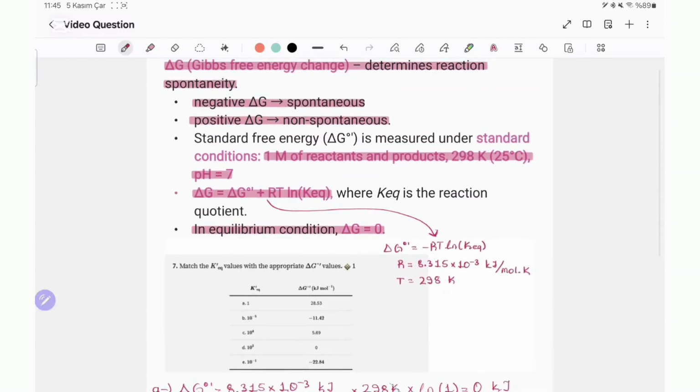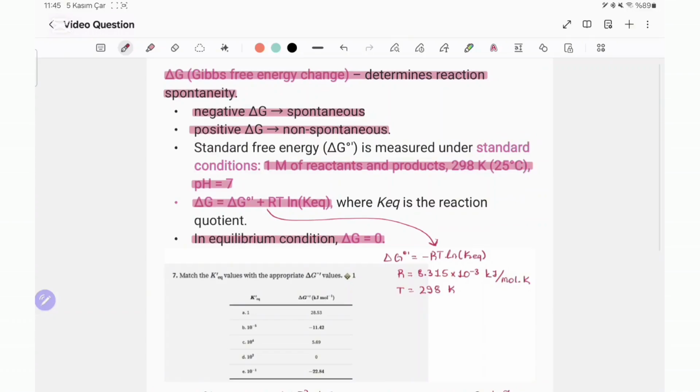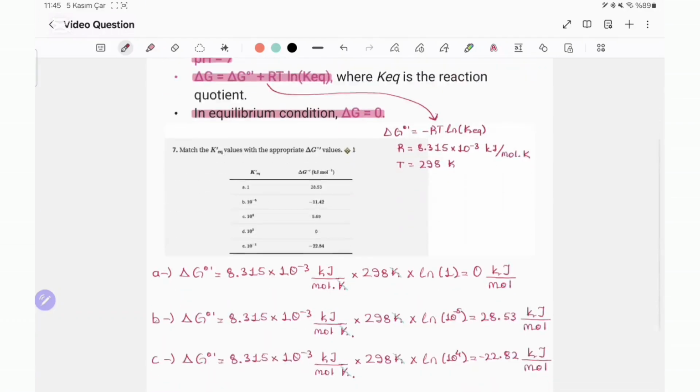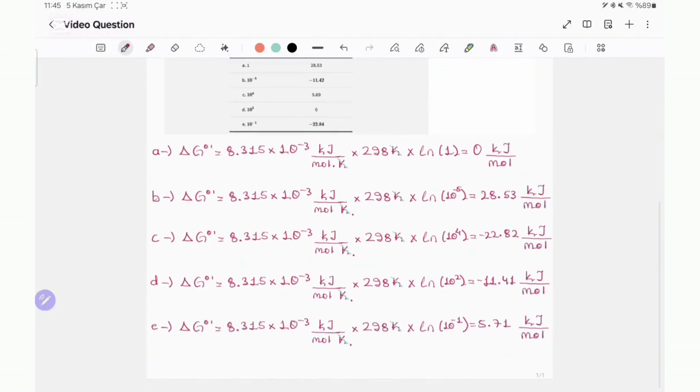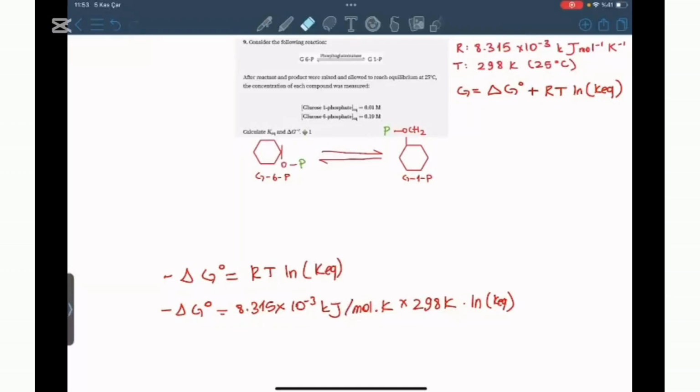And our R value is equal to 8.215 times 10 to the minus 3 kilojoule per mole times Kelvin, and our temperature is equal to 298 Kelvin. Therefore, our calculations are like this.